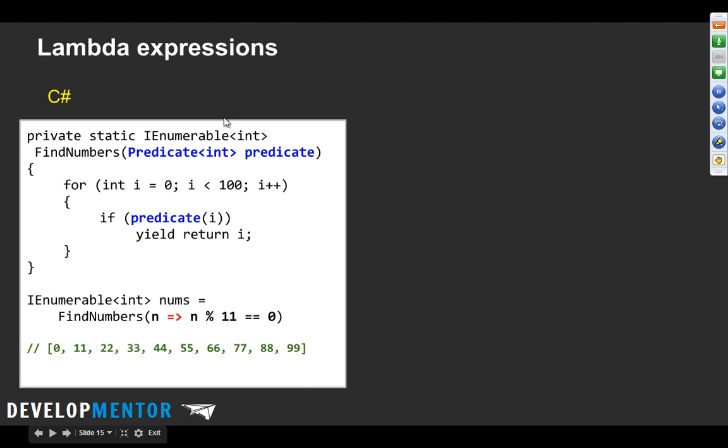What it lets you do is pass in a method, a predicate, which is a delegate built into .NET, and it's going to use the predicate to filter in and out some of the numbers. So we're going to create a lambda expression that says, given a number n, it goes to, and the way you create a lambda is this little arrow sign here, goes to n mod 11 is 0. So this finds all multiples of 11. If I print it out, you can see there's all multiples of 11 between 0 and 100.